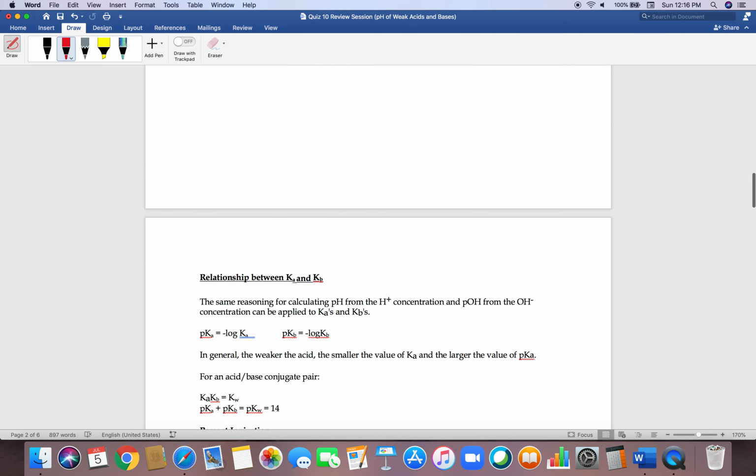Now, this is usually when things get a little bit wild, but if you recall, we can represent pH and pOH as a measure of the hydrogen ion concentration and the hydroxide ion concentration in a solution.